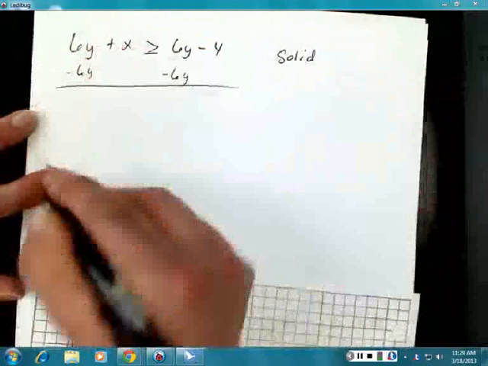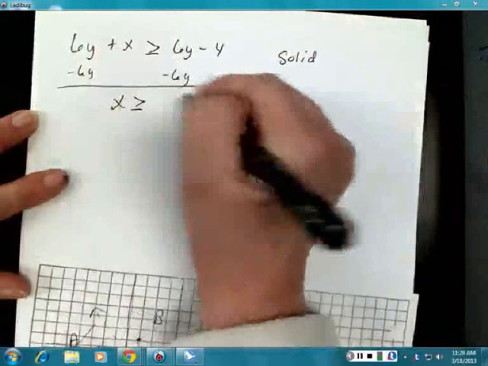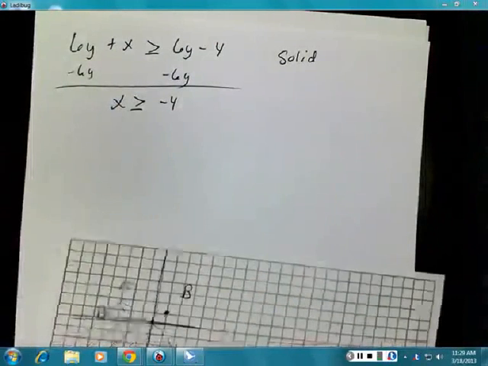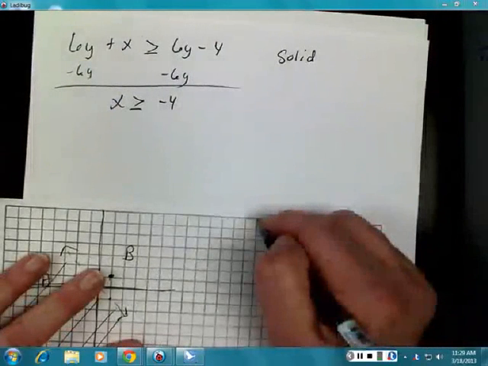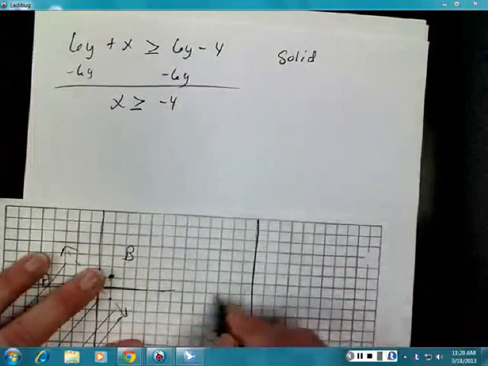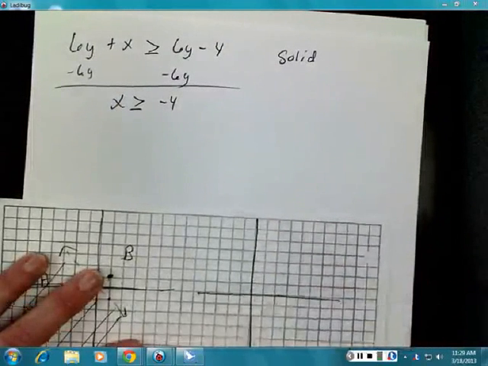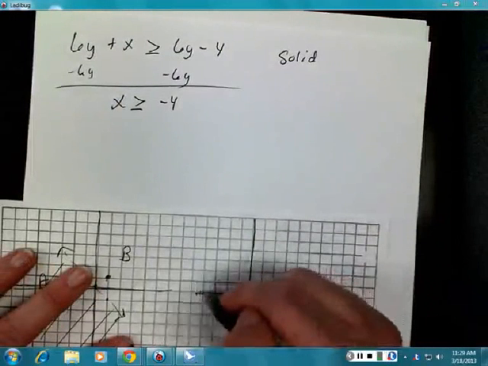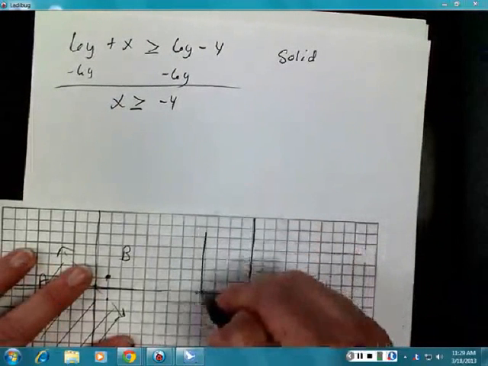So I'm going to get my y's together. Minus 6y. My y's disappear. What kind of line is that? Vertical, yep, at -4. So it's vertical at -4.